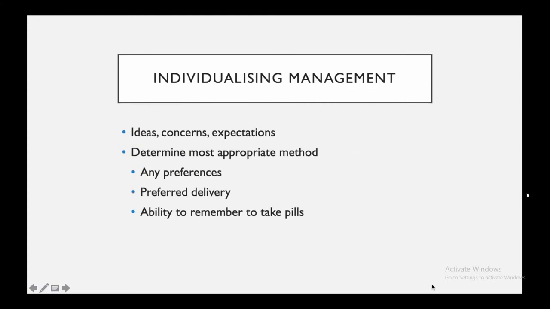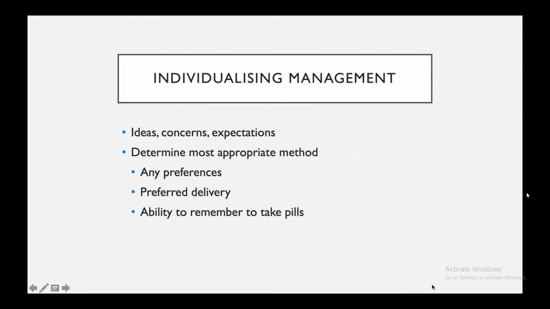The next thing you want to do after getting a contraception history is to make sure that you're individualizing the management for the patient. You want to, at this point, get their ideas, concerns, and expectations. You want to ask them what they're hoping to get out of this consultation and what they know so far about any contraception. You want to also determine what's the most appropriate method for the patient.